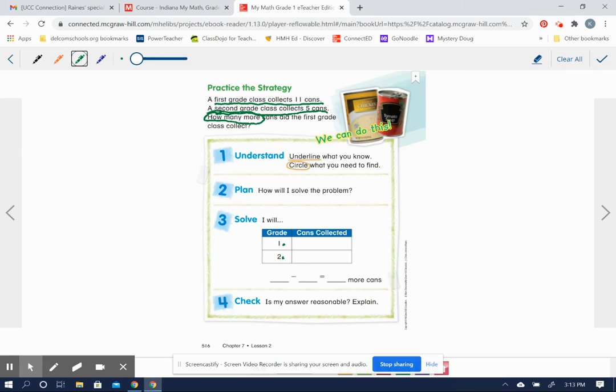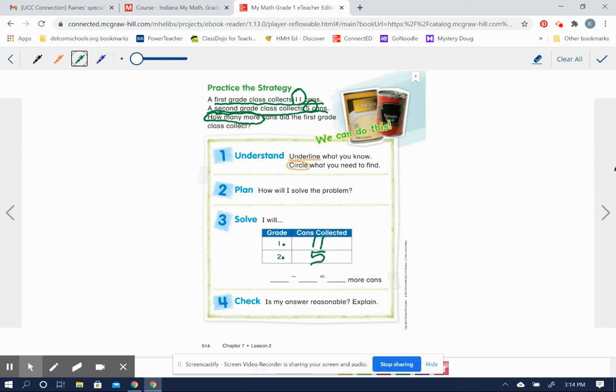How many cans did first grade collect? 11. How many cans did second grade collect? 5. Up here, 11 and 5. Now we need to make a subtraction sentence so that we can compare and find the difference.